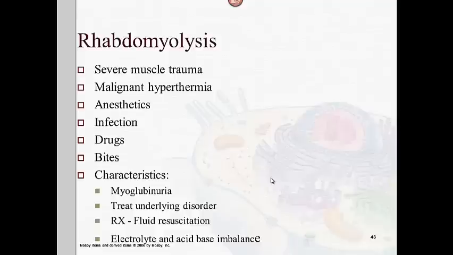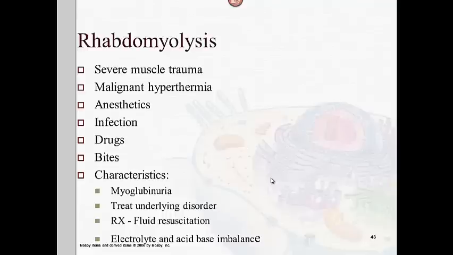More water filtrates, and basically there are deposits of cast obstructing the normal flow. High levels of uric acid also are deposited. There is acute tubular necrosis, and the glomerular filtration rate falls to the point of renal failure.